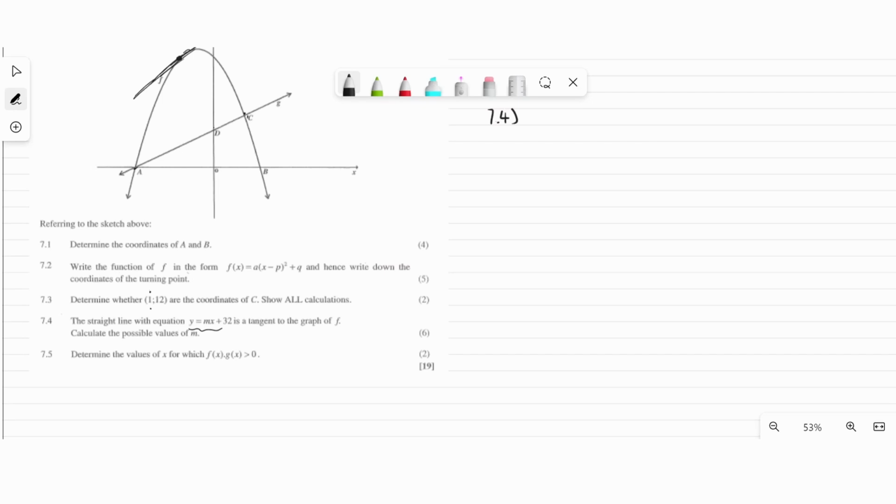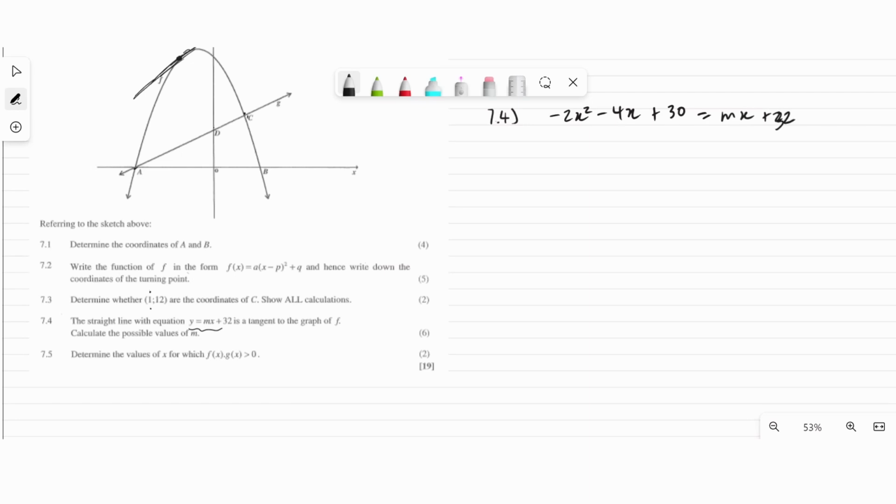It's going to be f of x that I'm writing right now. It equals mx plus c, because it intersects at one point, right? 32, yes.